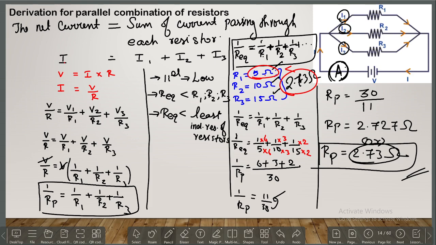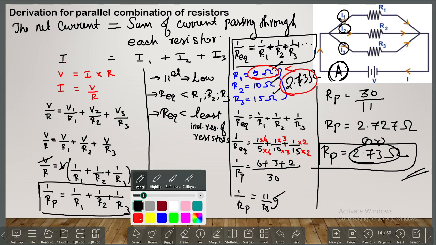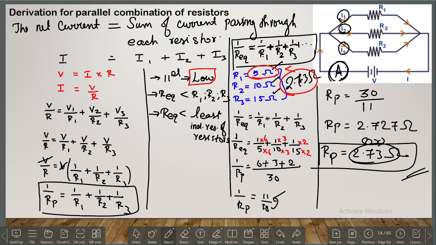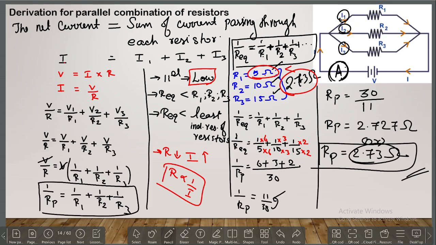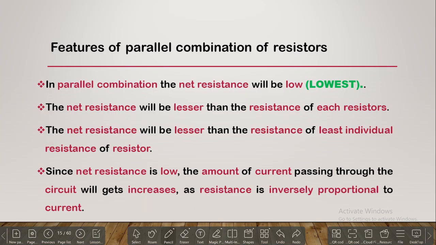And then the last condition, what you are going to say over here, based upon this, since the net resistance is low, in parallel combination the flow of current will get increased. Reason we all know, resistance is inversely proportional to the current. Now we'll see some numericals related to this condition.